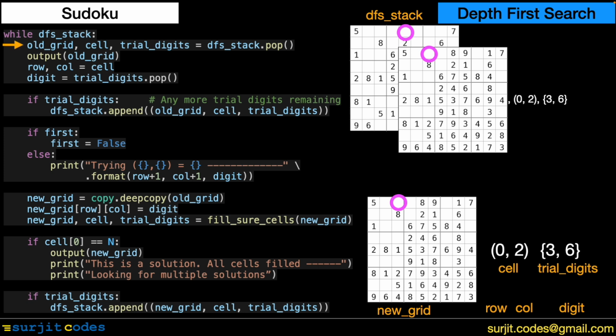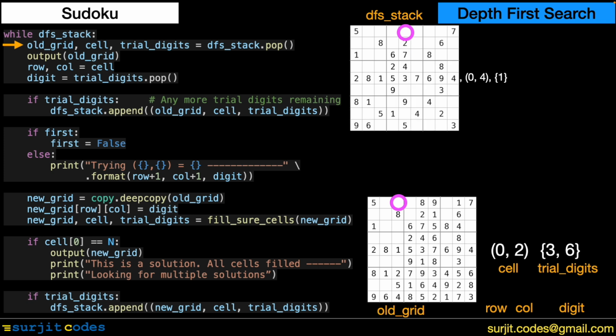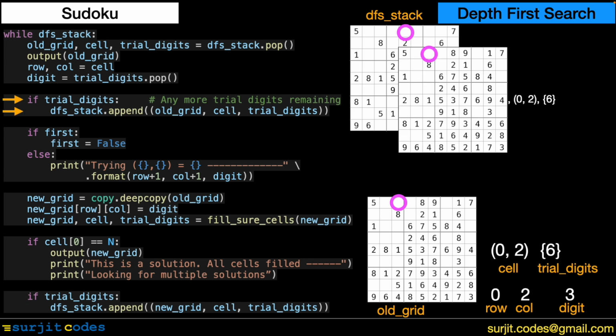In the next iteration, we pop out the tuple from the stack and save it as old grid. We extract row and column from the cell and a digit from the trial digits. Some trial digits are pending, so we push this tuple back in the stack. We print a message about trying 3 at cell 02. We copy old grid as new grid. Save digit 3 at cell 02 and call fill sure cells for this new grid.